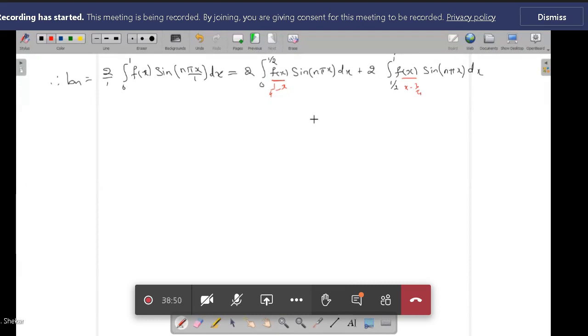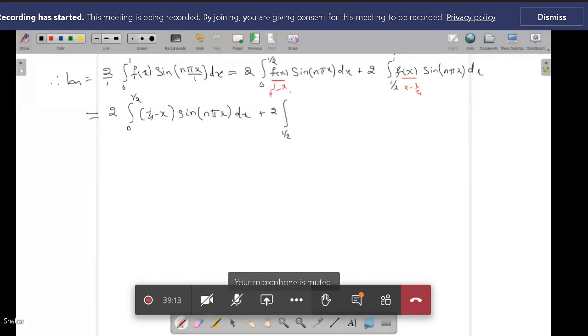Yes, sir. Yeah, okay, thank you. So now we'll use that given function, so that becomes 2 into integration 0 to 1 by 2 of 1 by 4 minus x into sine n pi x dx plus 2 into integration 1 by 2 to 1 of x minus 3 by 4 into sine n pi x dx.